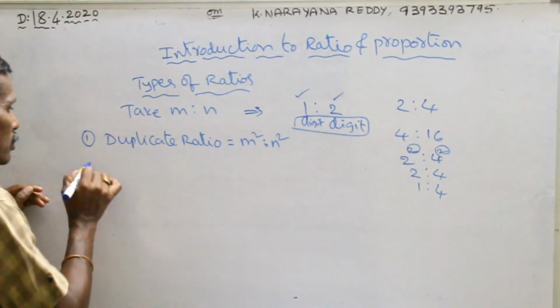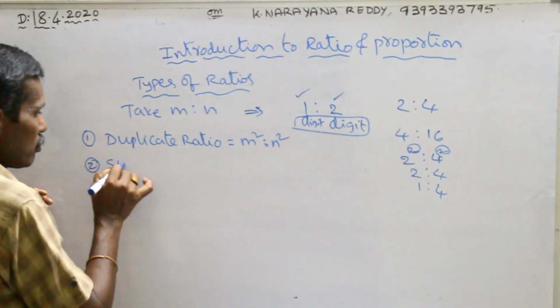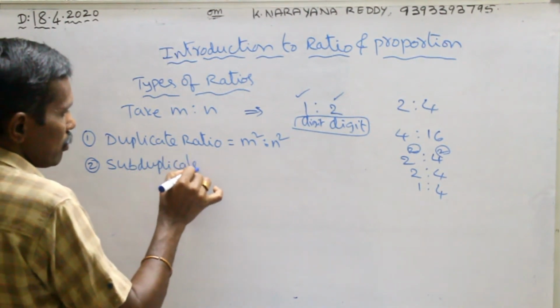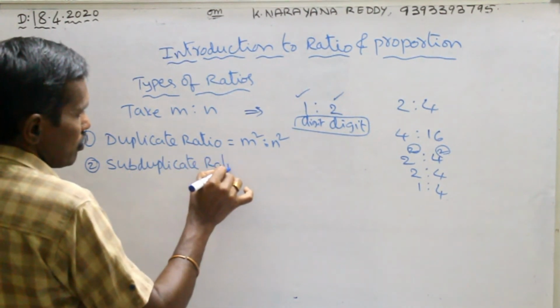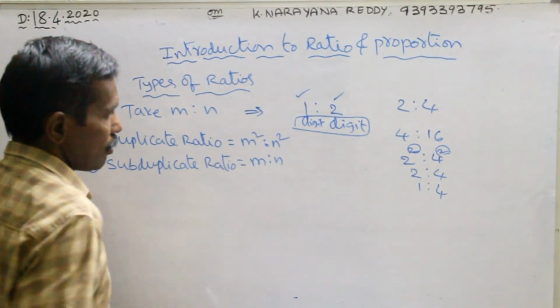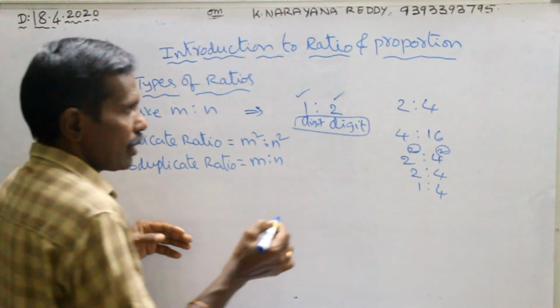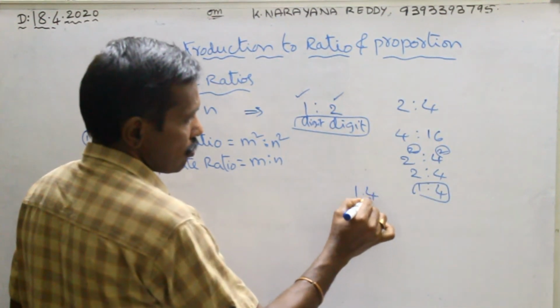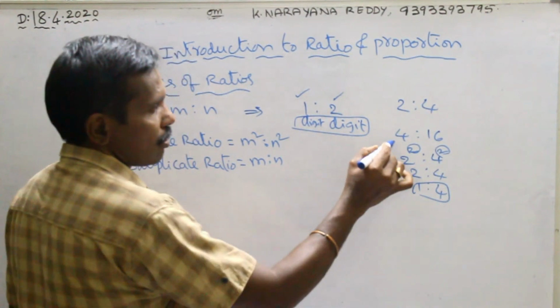Next one is subduplicate ratio. This is nothing but m is to n. What is subduplicate? For example, take this. This is subduplicate 1:4. What is duplicate?